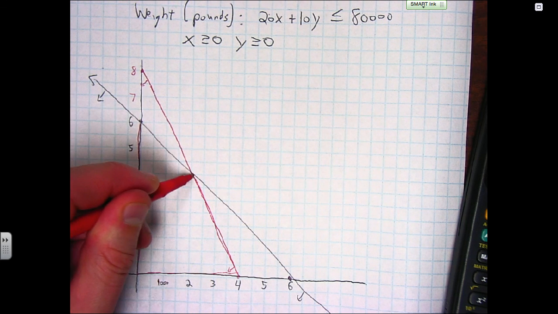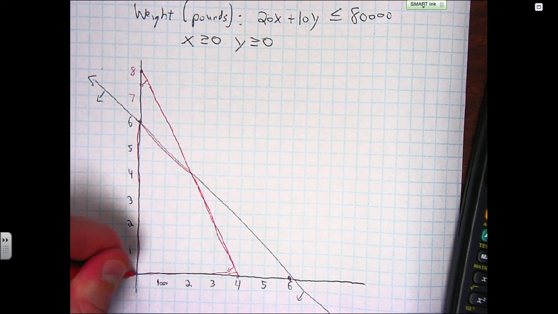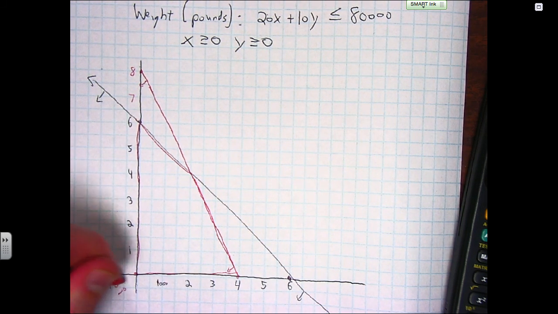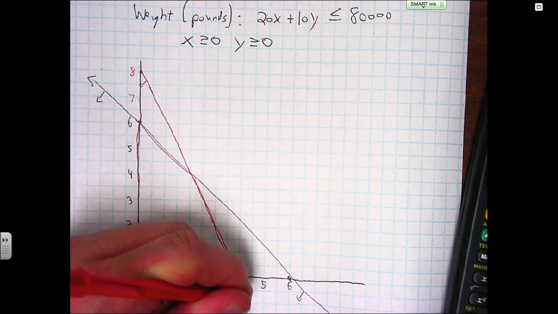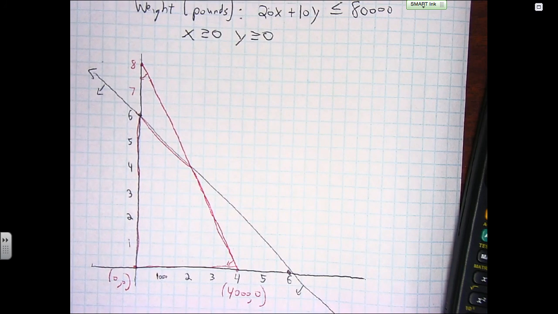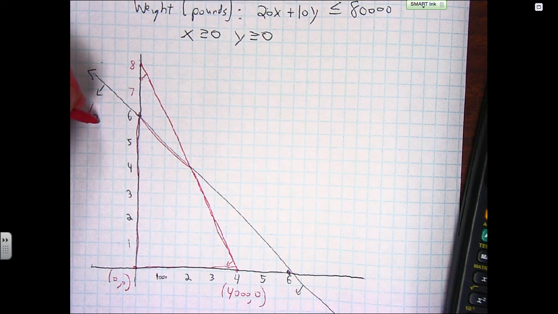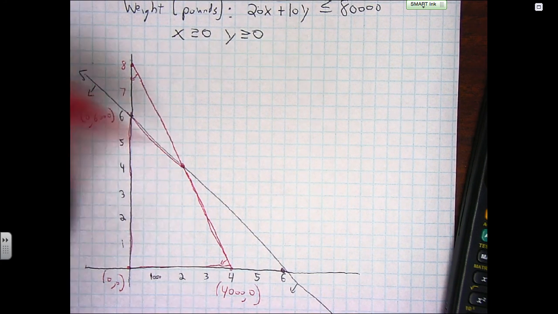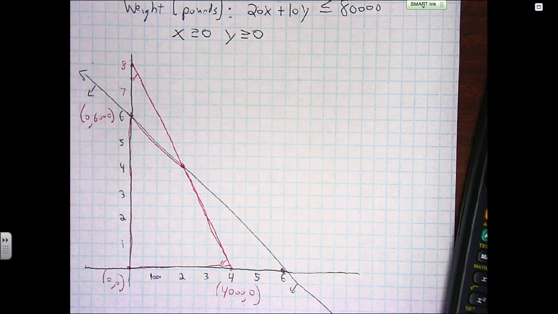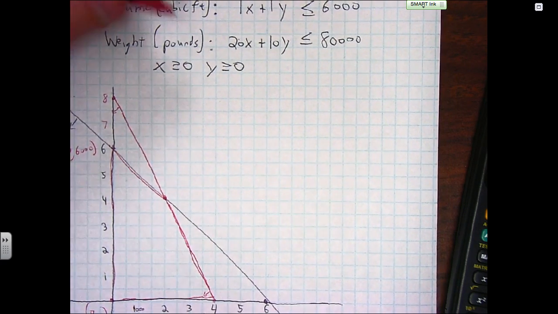And I see it has 4 corner points. Of course, I have 0, 0 down here in this corner. I have 4, 0, and of course that's really 4,000, 0. I was counting by thousands. Up here I have 0, 6,000. And I now need to find the intersection of these two lines. So it's just a little system of equations. I just need to know where these two constraint equations were crossing.